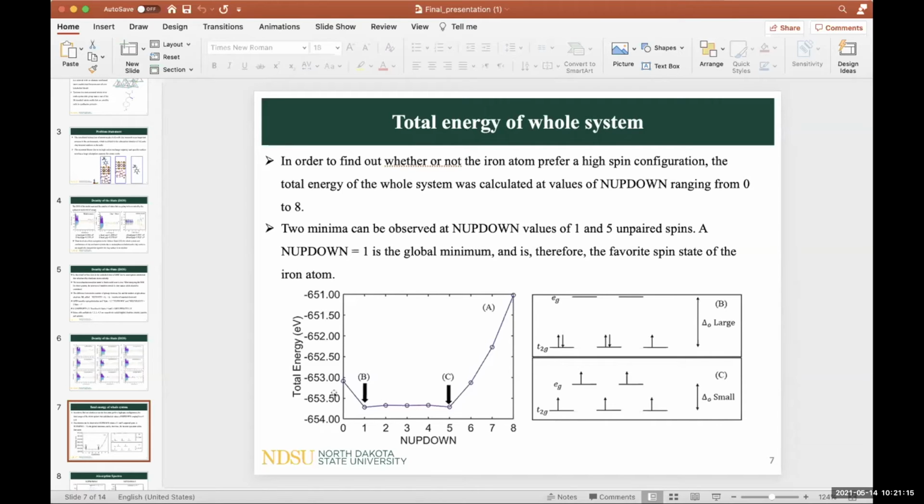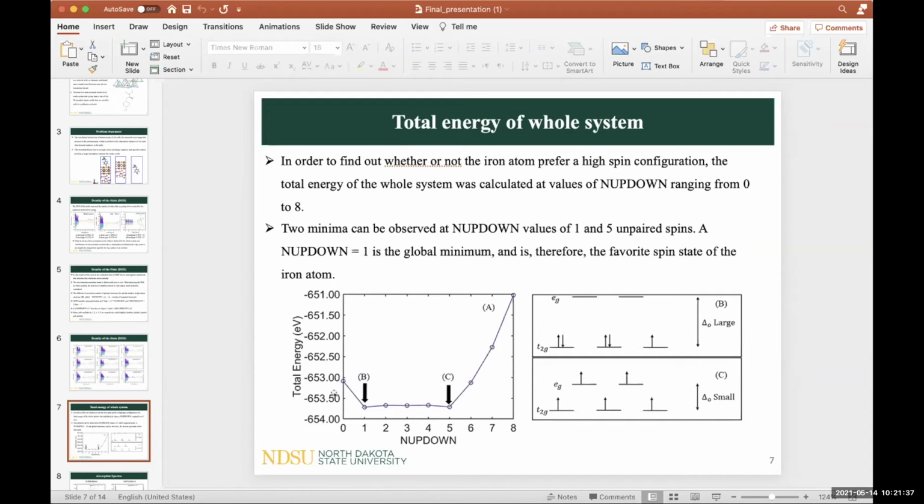But setting the value of N up down in the INCAR file is usually not enough. We still have to look at the OUTCAR file to see if we really have the high spin or low spin configuration, by looking at the calculated local magnetic moments, right?